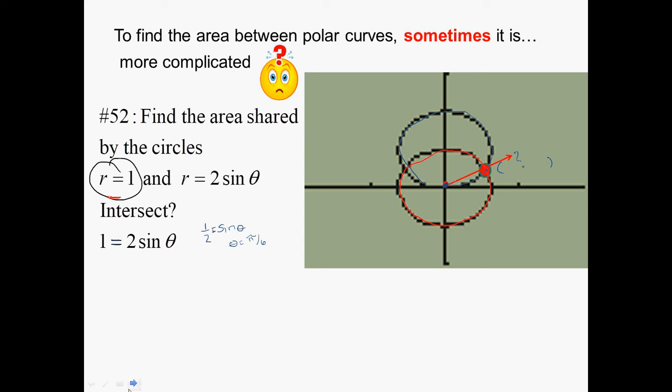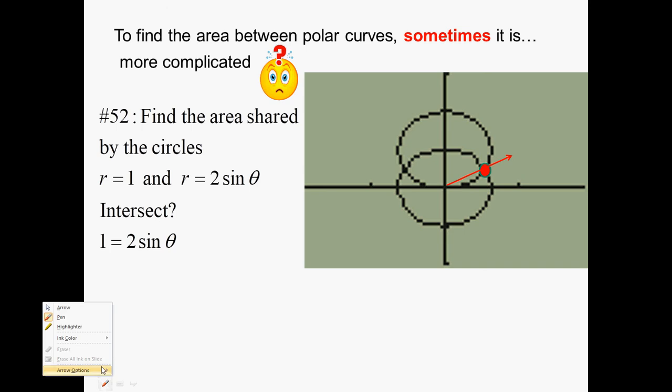Now, look at that ray radiating from the center out to the point of intersection. Now I need you to think about when you're going along the circle, and I'll make the circle again red.